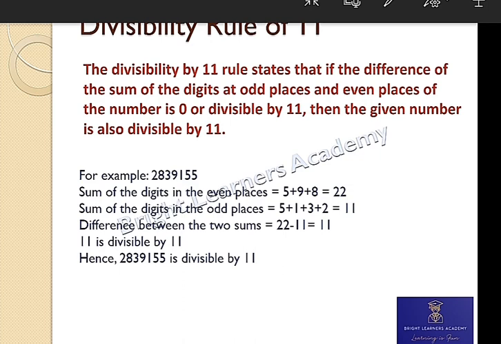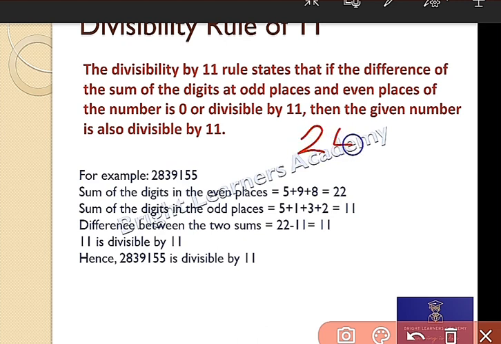Okay, let's take one more example. Now let's take the number 24,72,69. So this is our number, 2,47,269.